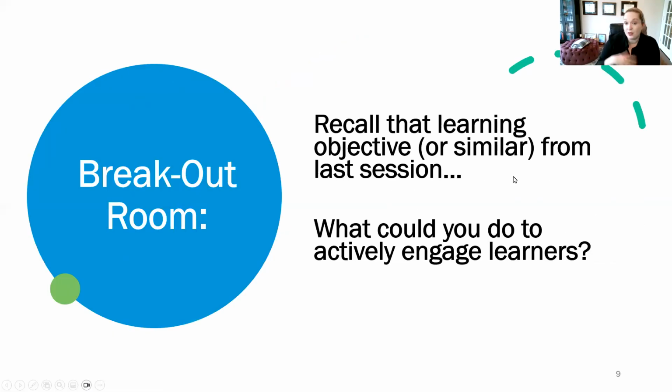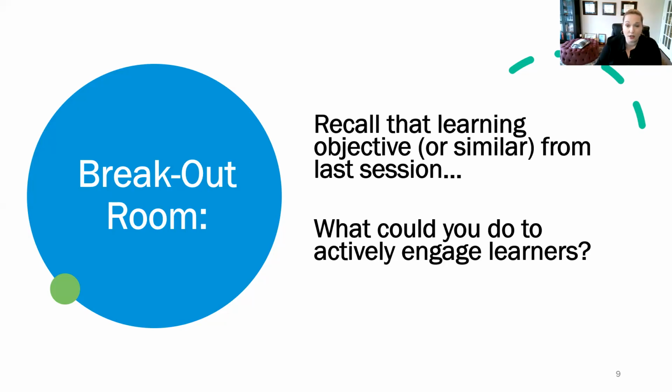So we're going to start out, and this is our one breakout room for today, and we're going to give about 5 minutes for this, but we'd like for everybody to recall the learning objective that you wrote last time, or a similar learning objective, or something that you hope to accomplish when approaching a session with those that you teach. And if everybody could discuss, maybe you do some things that already make that session active.